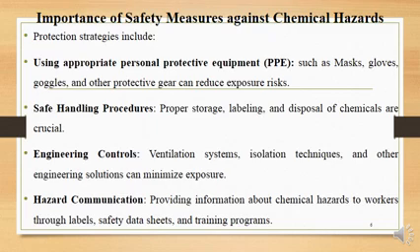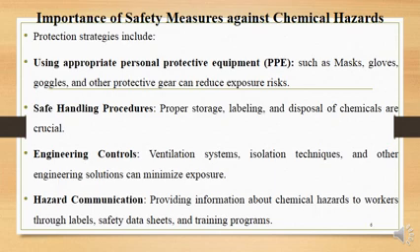So, the importance of safety measures against chemical hazard. Protection strategies include using appropriate personal protective equipment, that is PPE, such as masks, gloves, goggles and other protective gear that can reduce exposure risks.